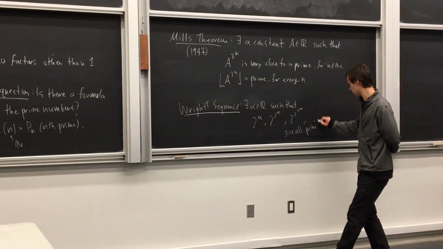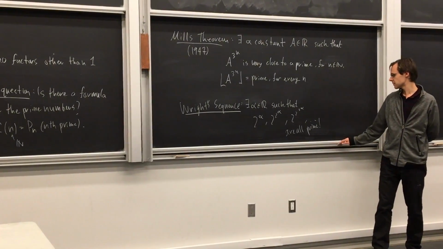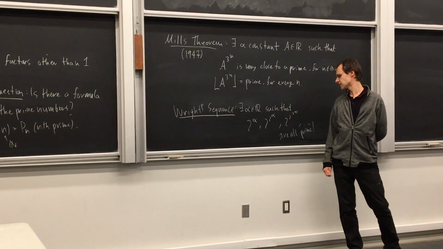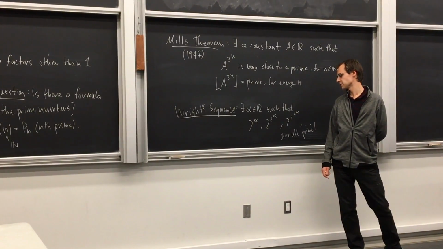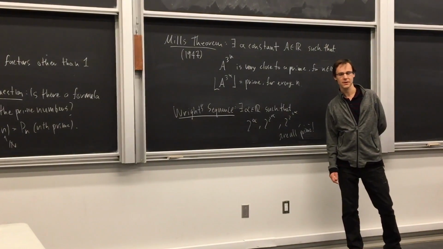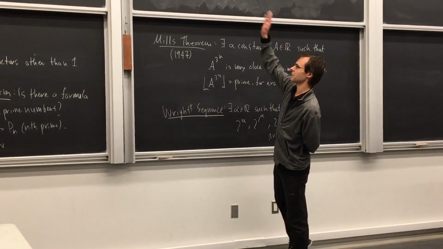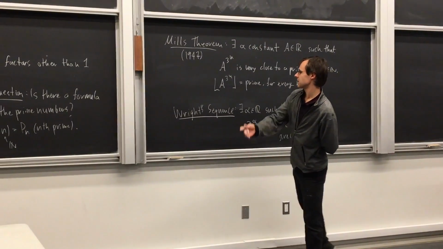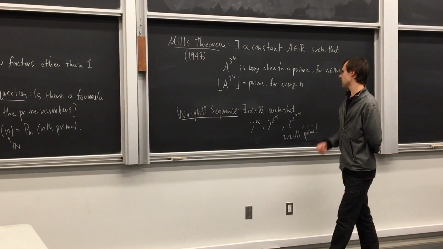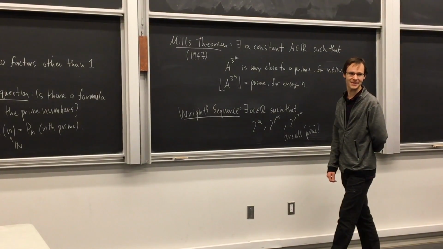But again, this theorem is pretty useless in practice. It can't be used to find primes. So there was the open question. This is the progress that's been made so far. Not very encouraging. All right.